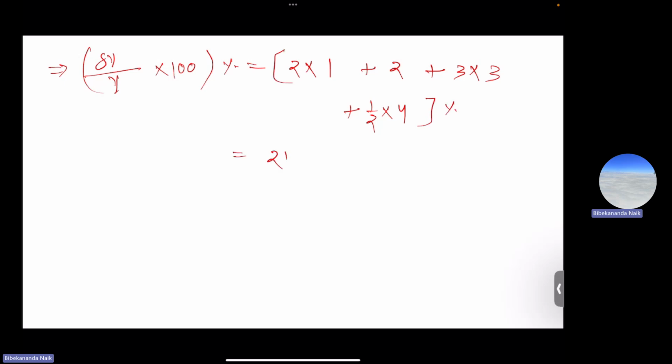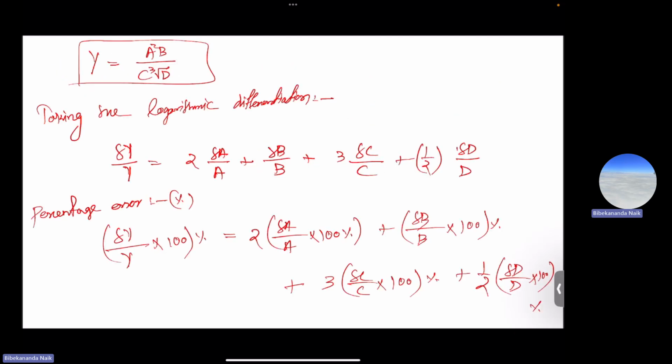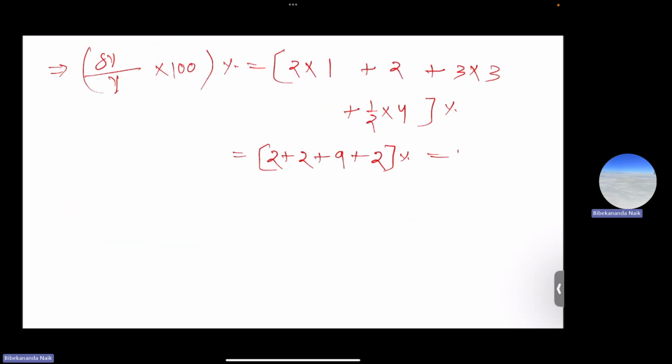It is 2 plus 2 plus 9 plus 2 percent. So it is 15%.